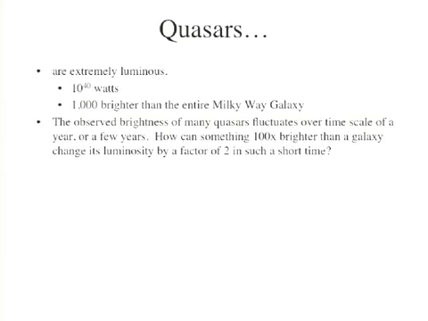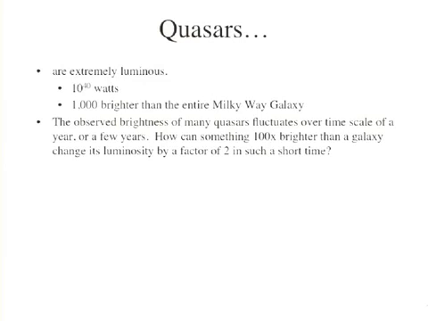Suppose the object fluctuates in a period of years, a year. Then it must have a size that's smaller than a few light-years across. Because otherwise, how does it manage to do this? If it does fluctuate rapidly, then it has to be compact because the light has to travel from one side to the other.